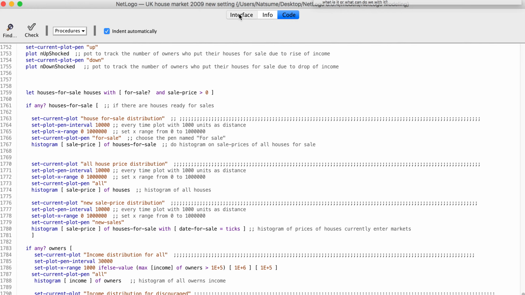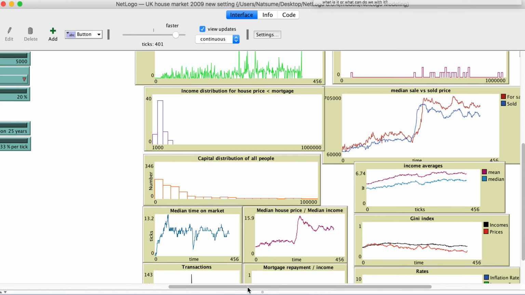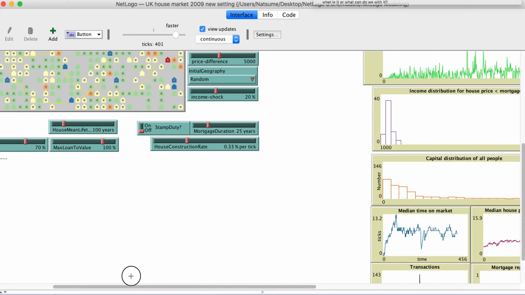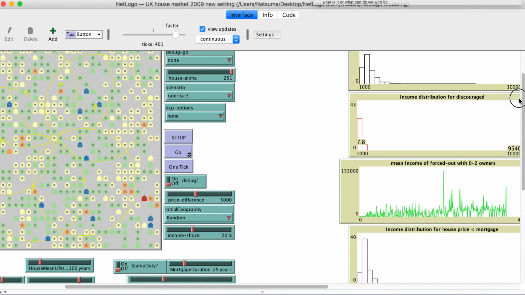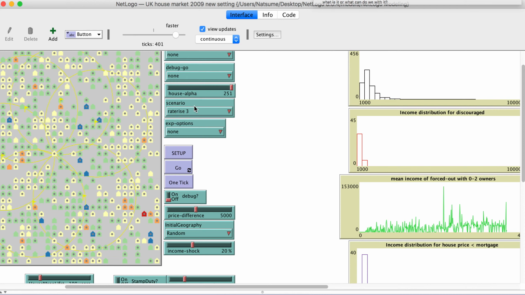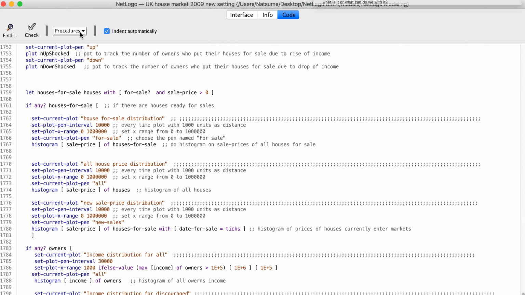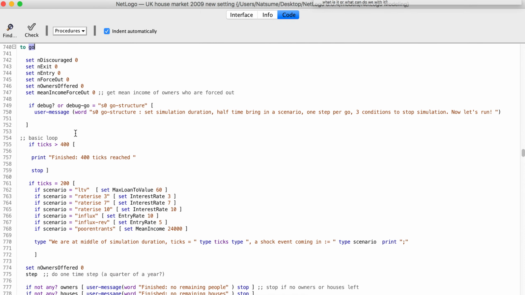Okay. So after knowing what each parameter and each plot is trying to tell us, now we can go further and do experiments with these different scenarios.